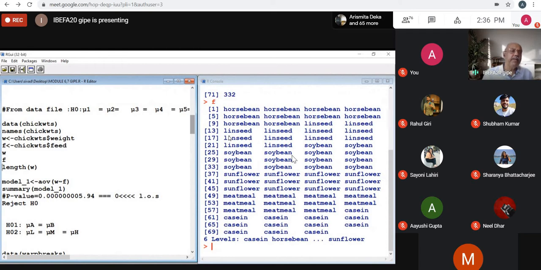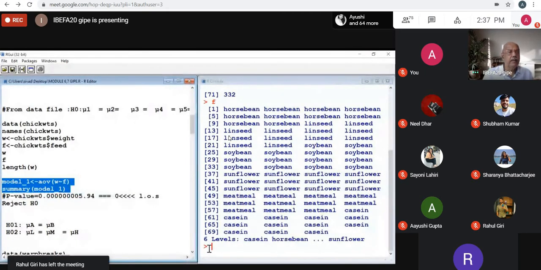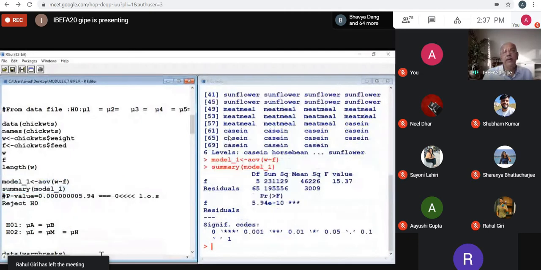How many parameters will form the hypothesis? So 6 parameters. That's all. See, model and the output. Reject hypothesis because p-value is very near to 0.